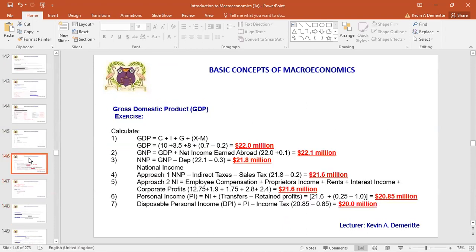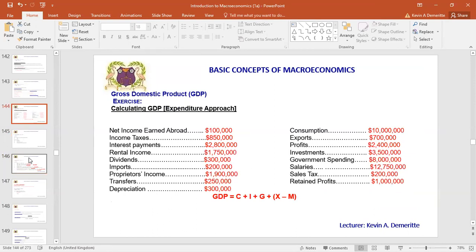Okay, so that allows us to calculate net national product, GNP minus depreciation, and we ended up with a value of 21.8 million. Now, we were asked to calculate national income. And we said there are two approaches. Now, it may very well be that when you get a table like this, you don't have enough information on the table to calculate both approaches.